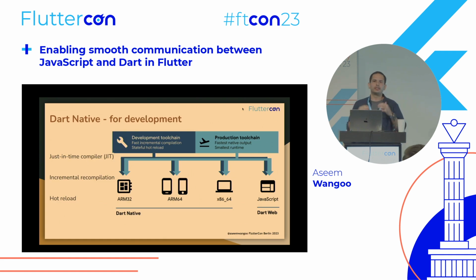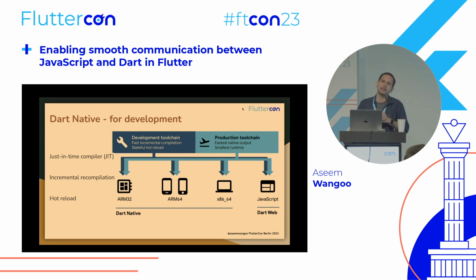Cool. So Dart native basically has two workflows in itself. For instance, we have the development workflow and then we have the production workflow. Whenever we want to create apps during our development, we don't want the optimizations. We want just faster iterations. We want the hot reload to work, or the hot restart.